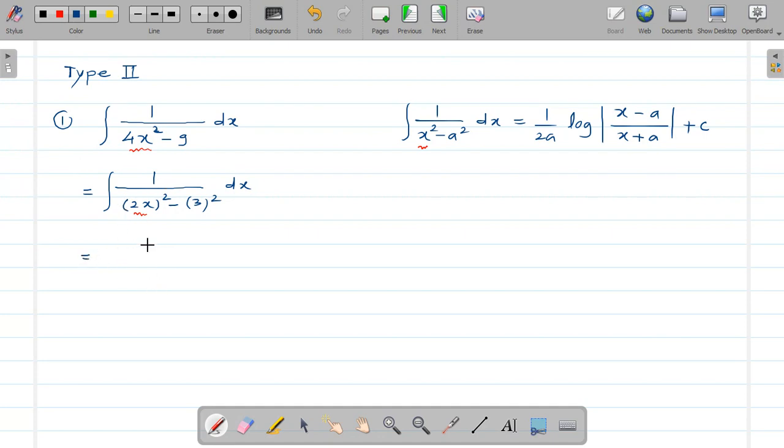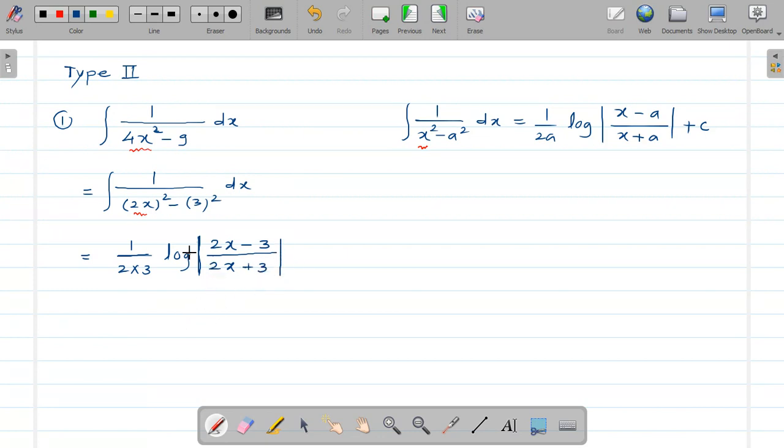See here, 1 upon 2a, a means here 3, because 9 can be written as 3 square. So 1 upon 2 into 3 into log of modulus of x minus a, now in place of x it is 2x, minus a means minus 3, divided by x plus a means 2x plus 3.